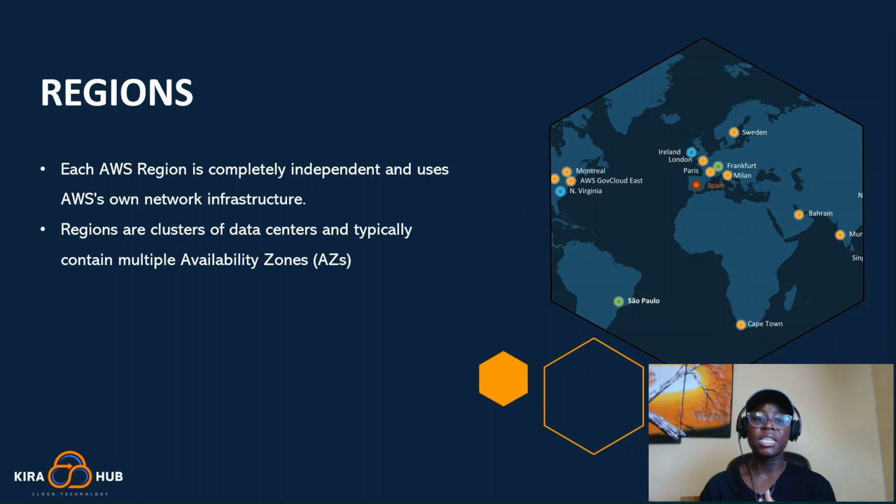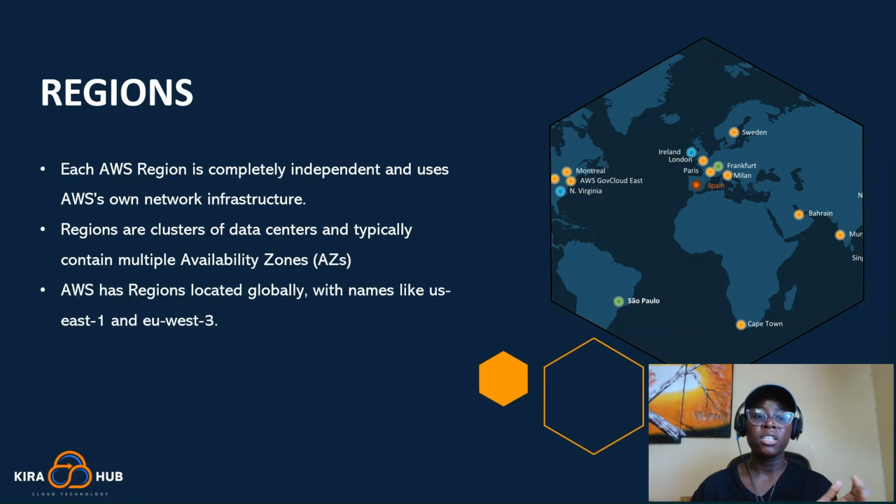Regions, of course, are clusters of data centers within availability zones. So multiple data centers make up an availability zone, and then multiple availability zones make up a region. These regions are all over the world, and they have a naming convention, which we'll see when we get into the console, like US East 1.